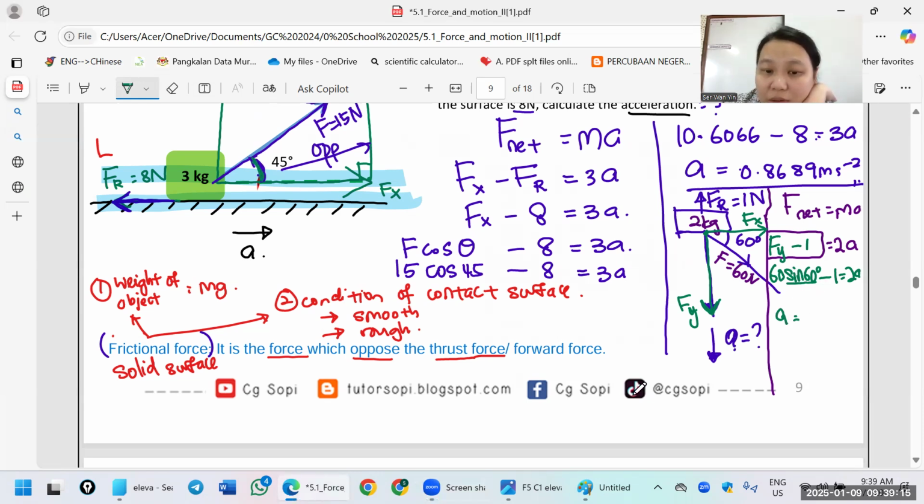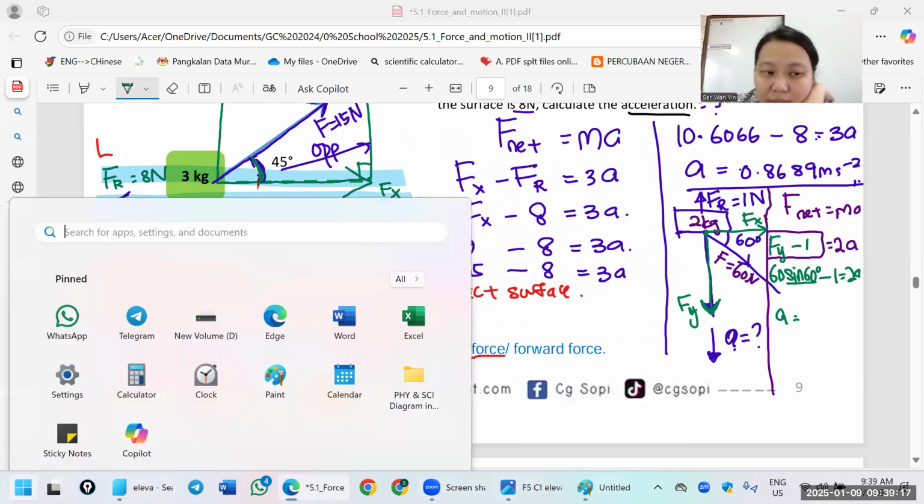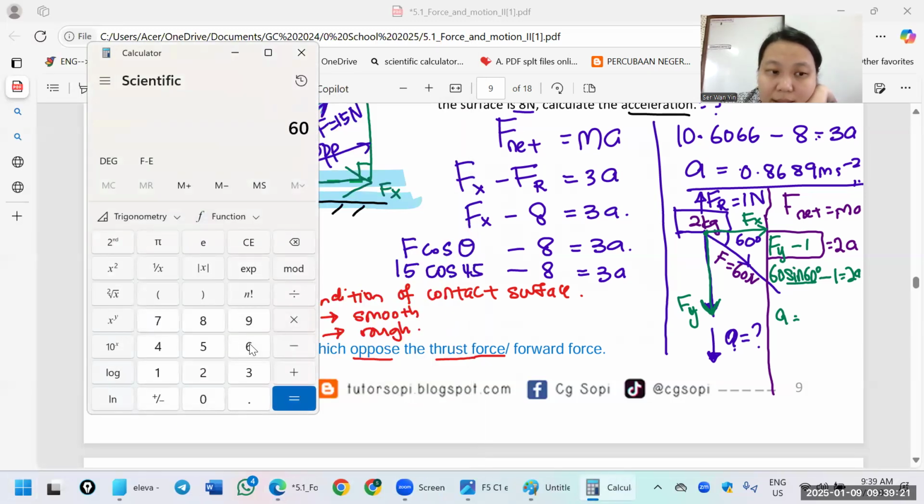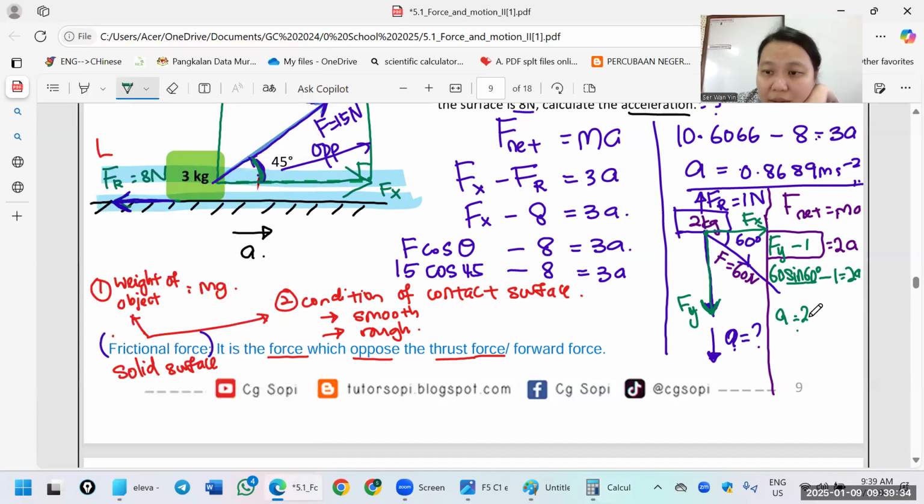So A equals 60 sine 60 minus 1, divided by 2. So 25.4808 meter per second per second.